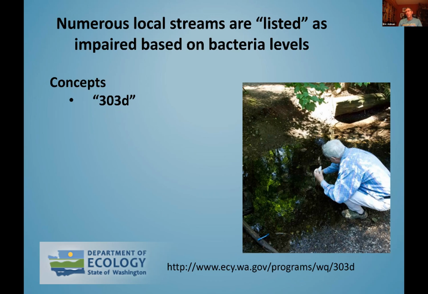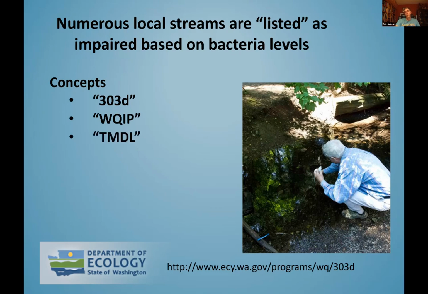Somebody who's collected data on water quality impairment can submit their data to the Department of Ecology to get a water body on this 303(d) list. Usually the entities that submit that data are local jurisdictions, but they could also be an academic institution or even a volunteer group. Once something is on this 303(d) list of impaired water bodies, then the local jurisdiction or whoever has control of that water body is tasked with coming up with a water quality improvement plan.